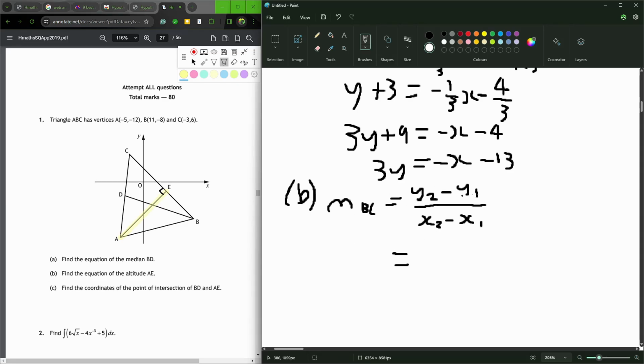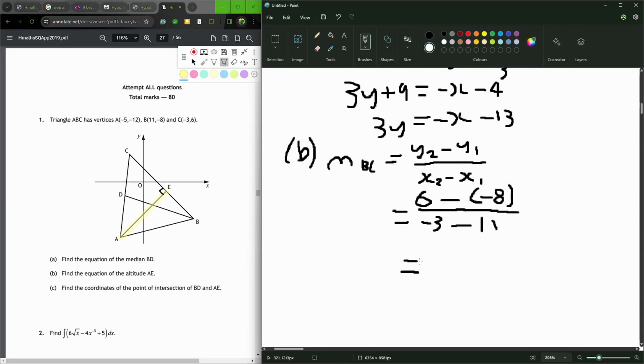So we'll have C is Y2, C is the second one, and B is the first one, just to make things confusing. So C, its Y coordinate is 6, and then B's Y coordinate is -8. That's over -3 and 11.